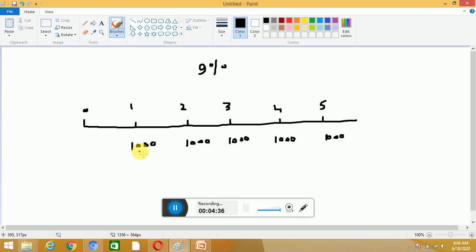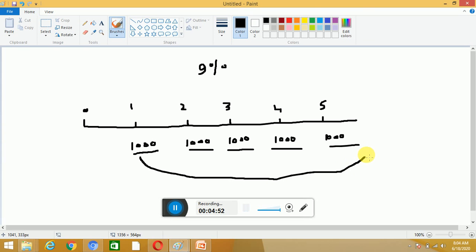Now see, there are different present values. One is this present value, one is this, one this and this. And now we will calculate the future value.